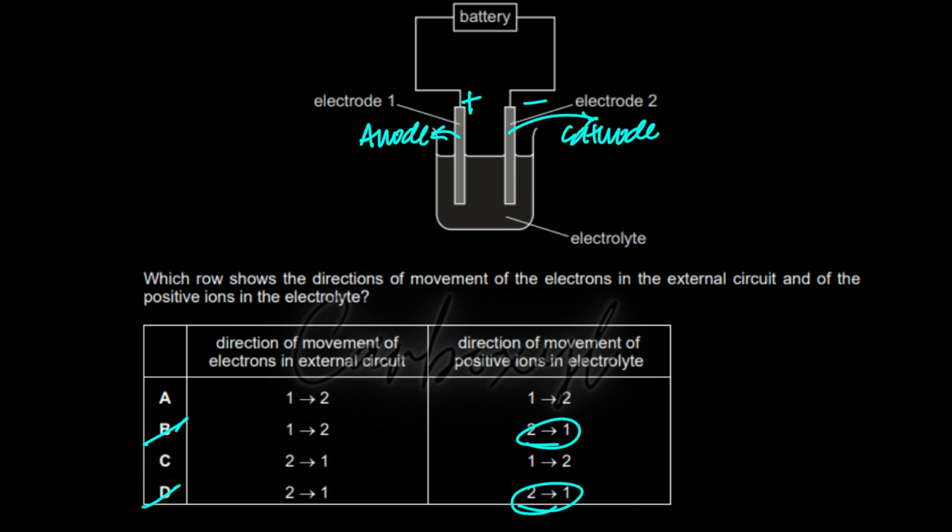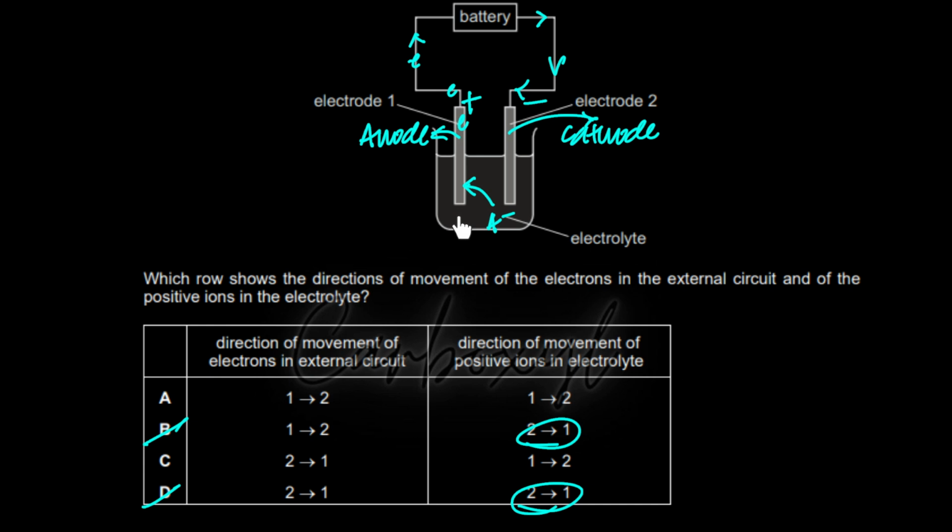Now, direction of movement of electrons in the external circuit. So what's basically happening? Your negative ions, let's suppose this is a negative ion, are going to go here and lose the electrons to this particular electrode. So the electrons are going to be lost here and oxidation is going to take place. The electrons are going to move like this, and here they're going to move all the way like so and reach this point, making this electrode negative.